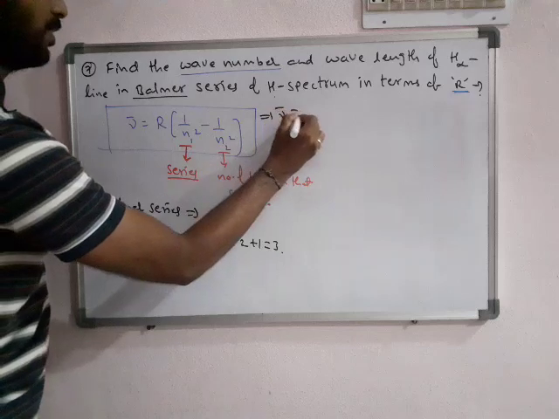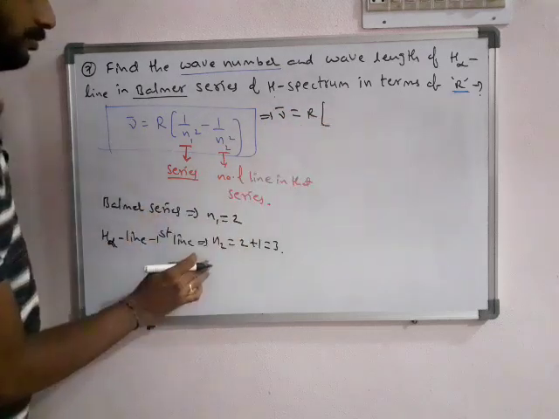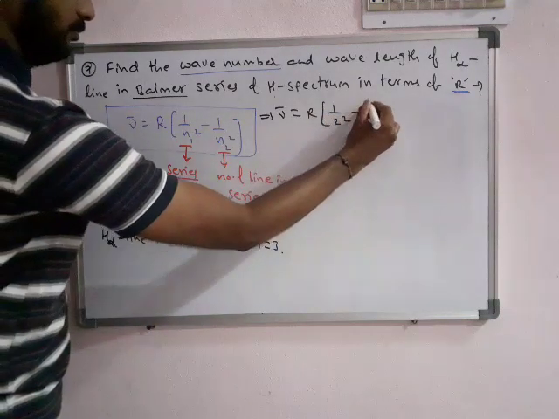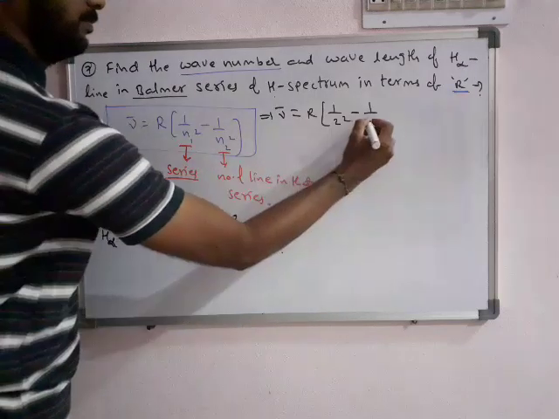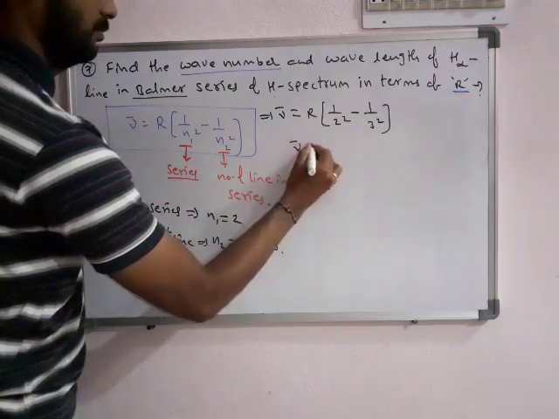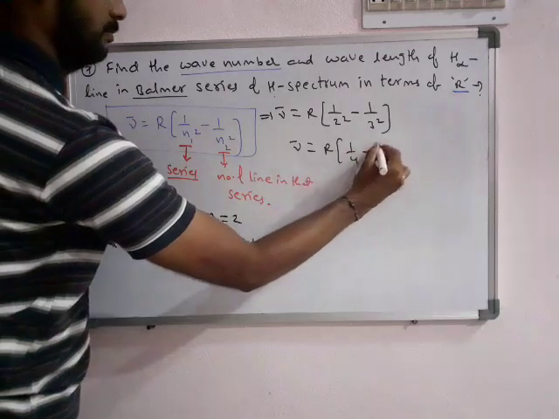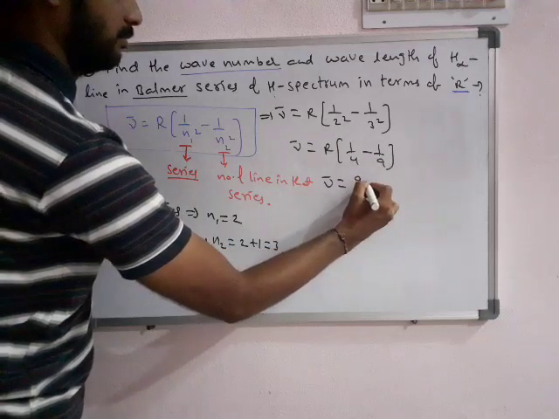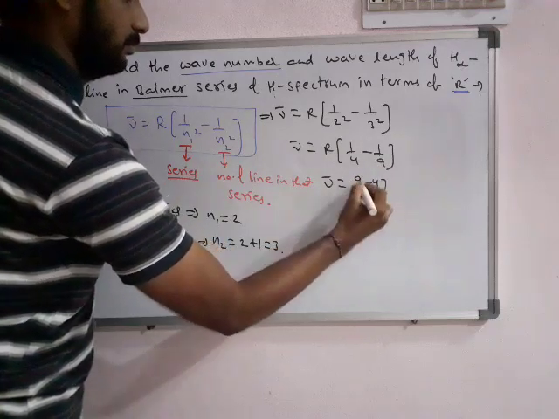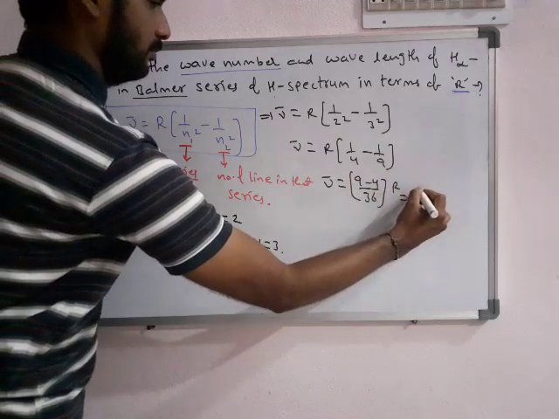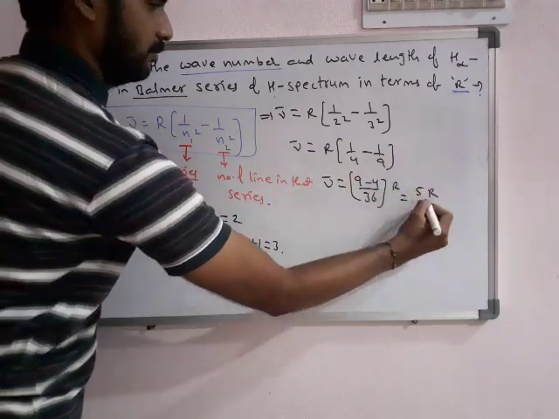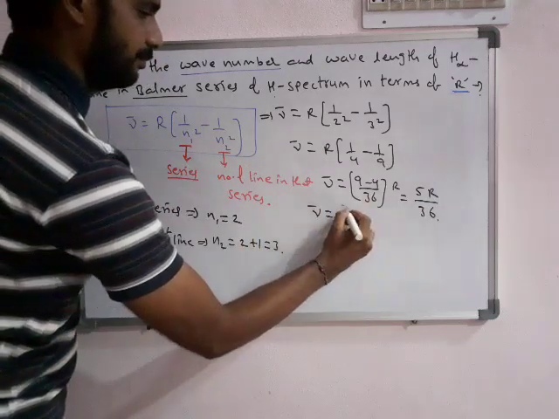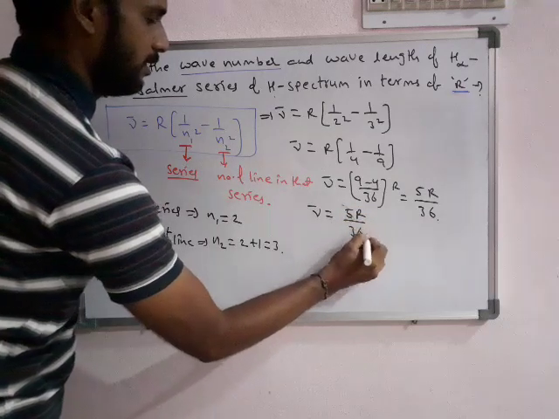Okay, nu bar equals R into 1 by n1 square minus 1 by n2 square, which means the wave number is equal to 5R by 36.